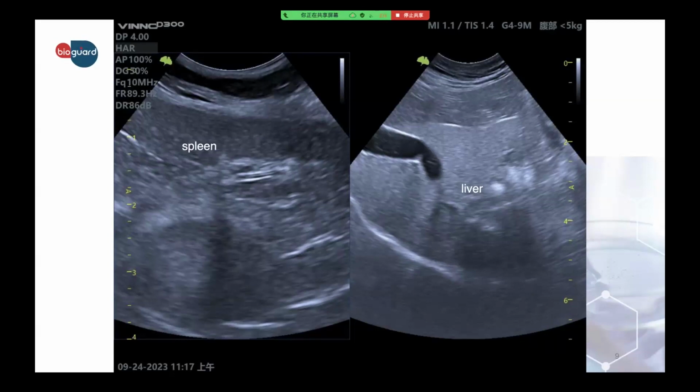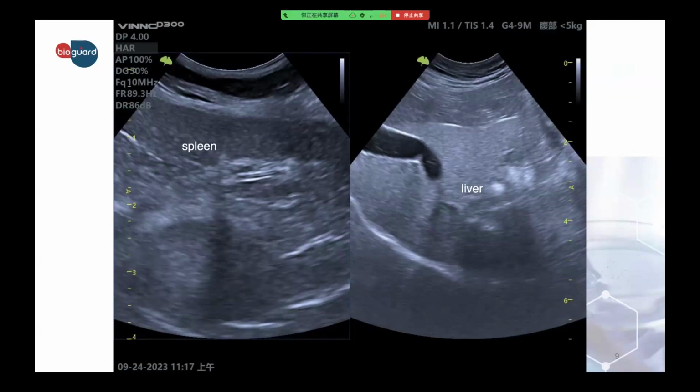So this area gets higher echogenicity, and this area gets lower. This is a very important imaging feature of hepatic lipidosis.